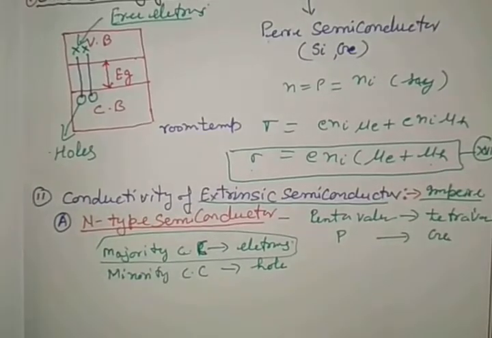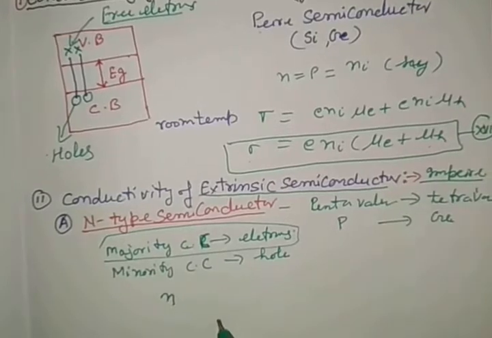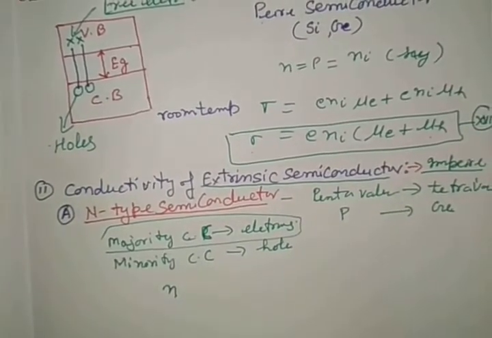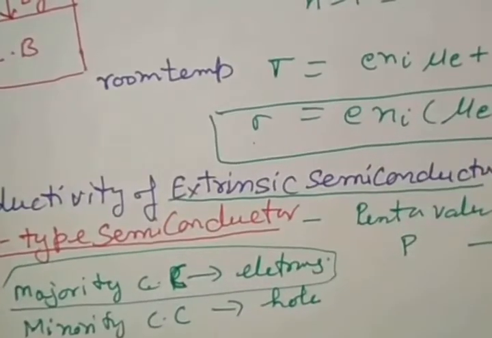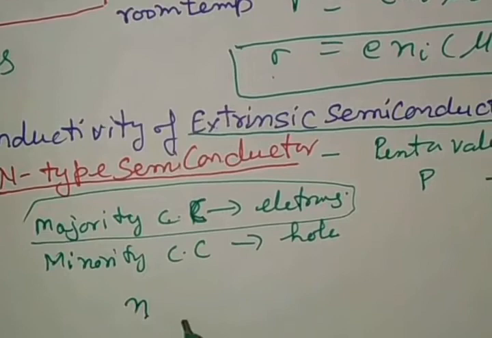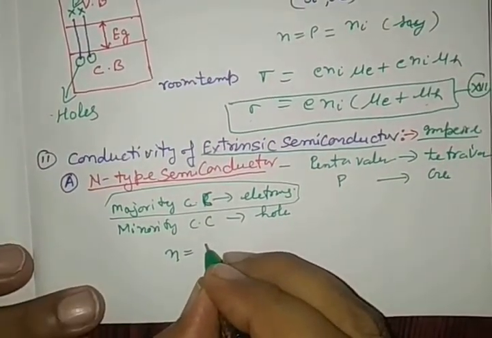In that condition, see the factor n. n is the number of electrons in the upper band, the conduction band, and is represented here by Nd.